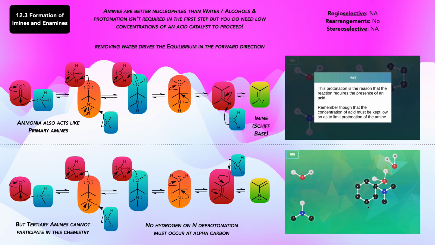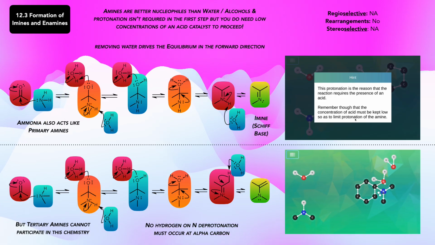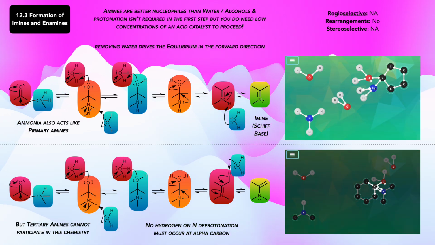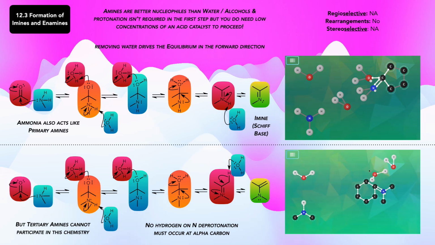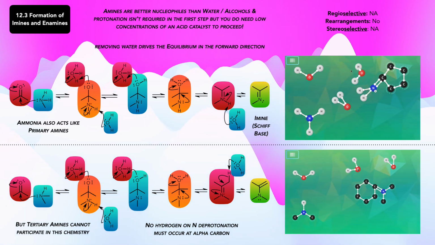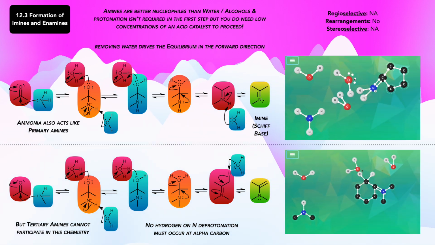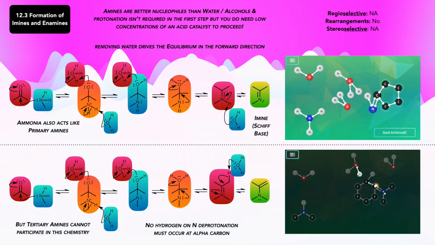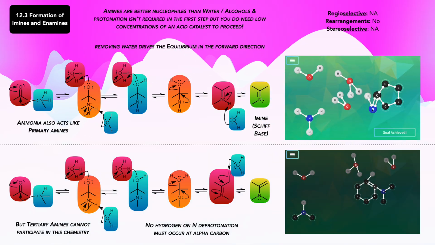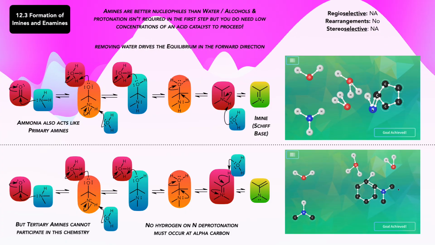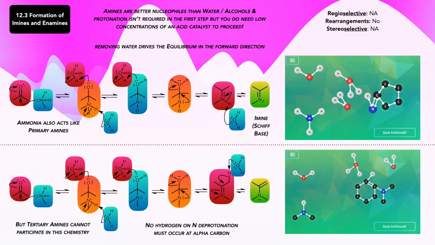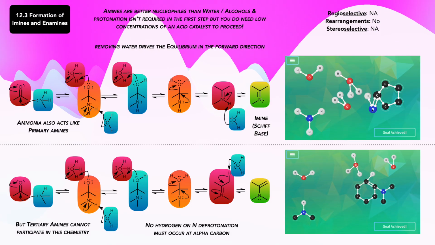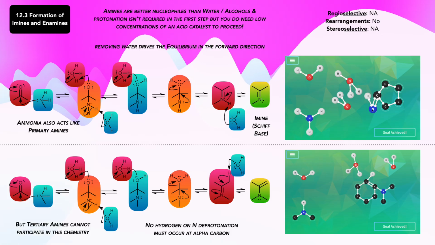Primary amines will form imines. The mechanism functions by nucleophilic attack, proton transfers, the elimination of water, and we form a carbon double bond nitrogen. This is what we call a Schiff base, and this features prominently in many biochemical reactions. Again, removing water drives the equilibrium forward.